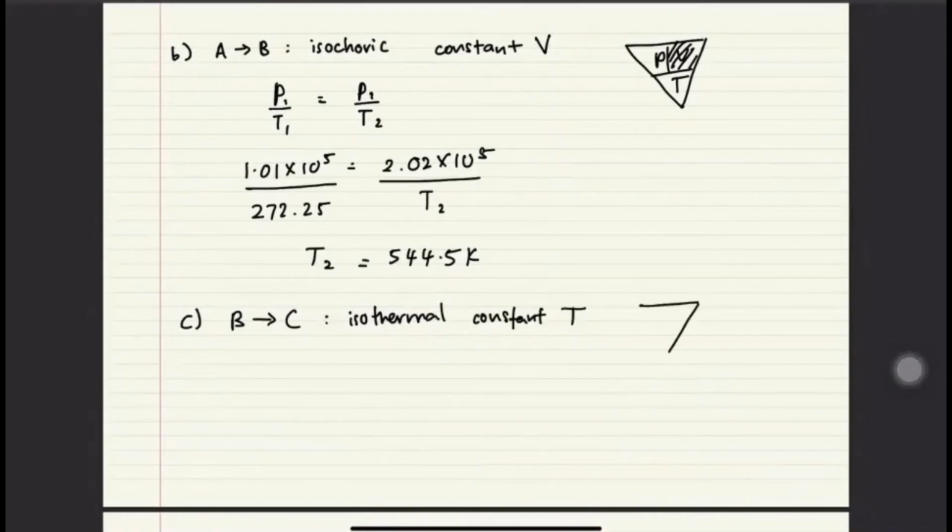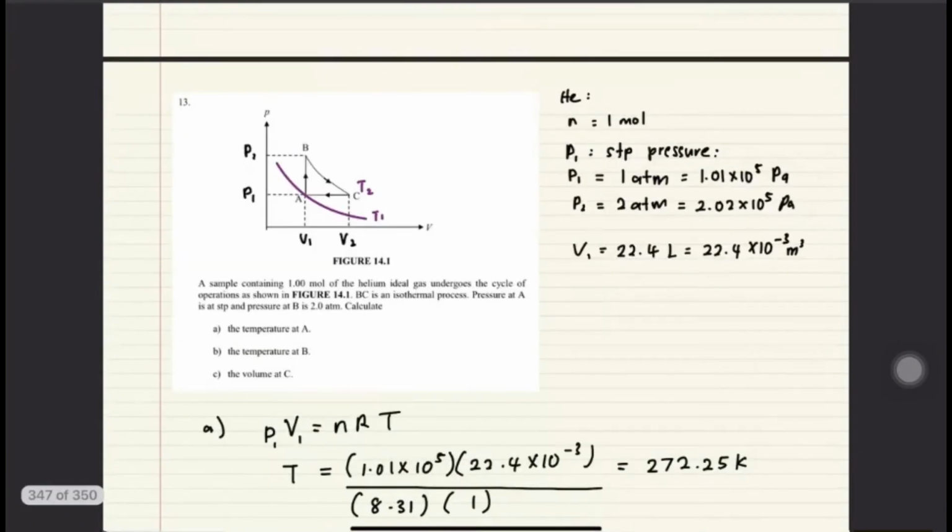You can check lah. Since T is constant, P1V1 equals P2V2.